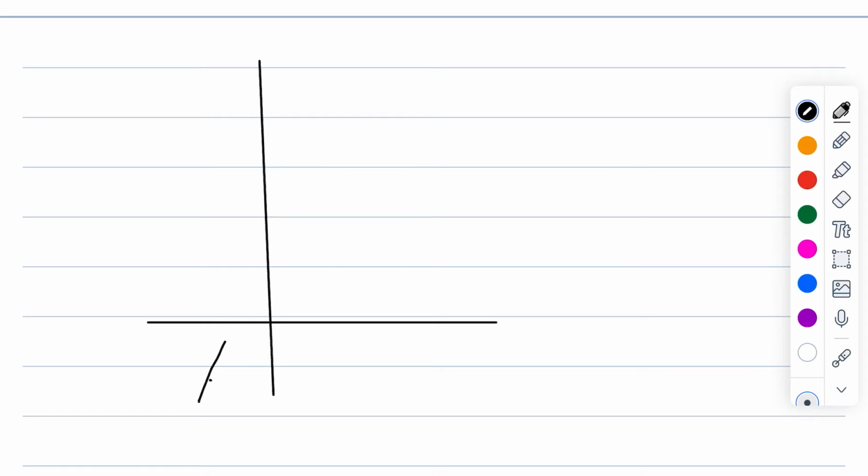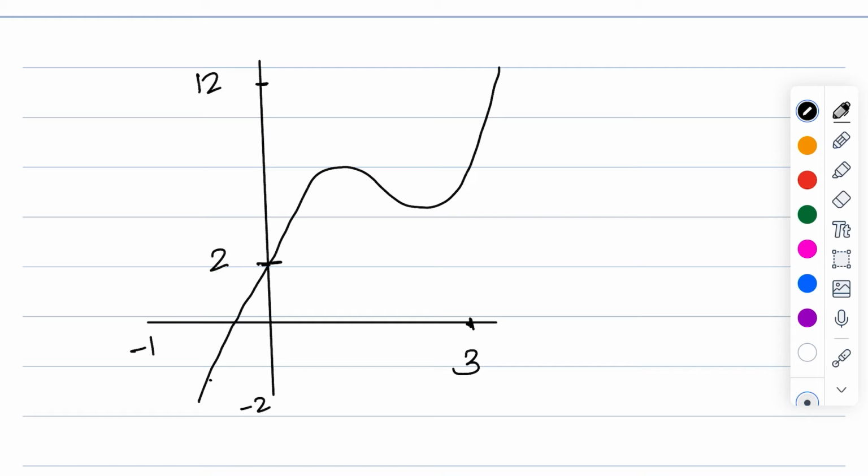It looks approximately like this: 2 and negative 2 over here, negative 1 and up to 3, and this is 12. This is the approximate shape of the graph.